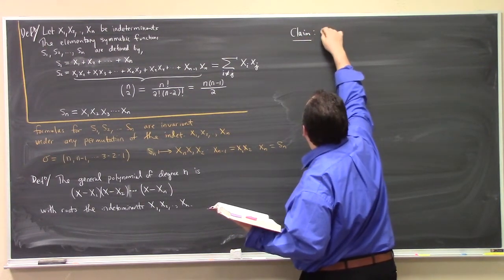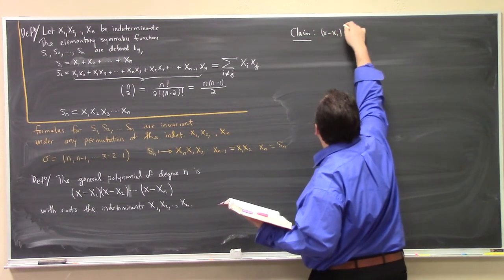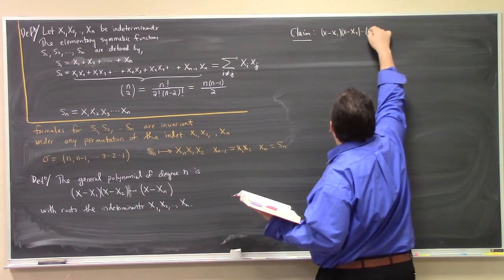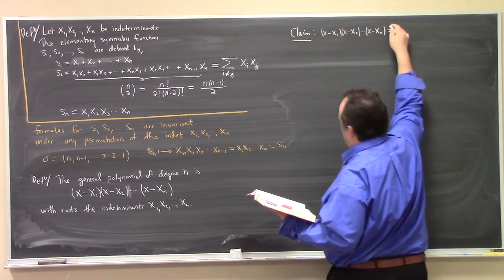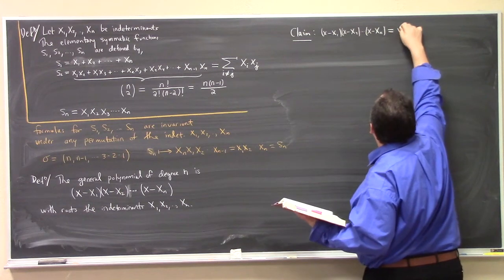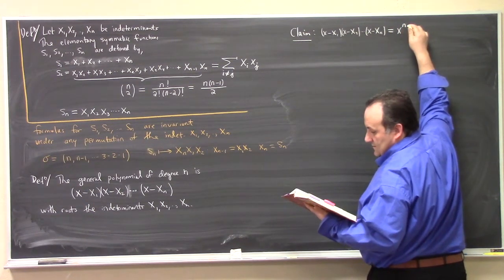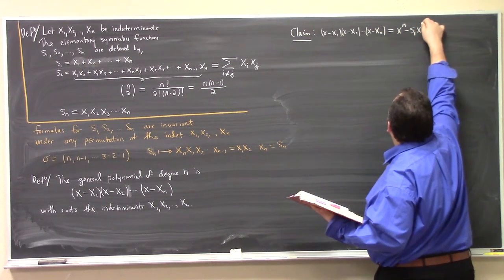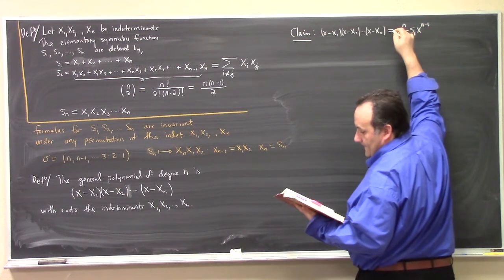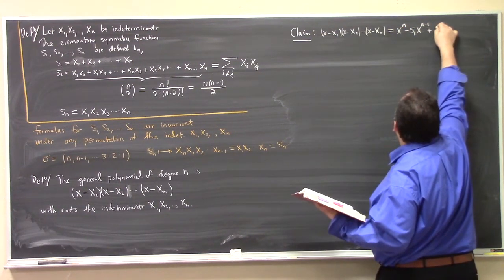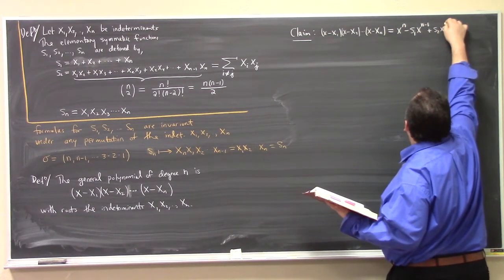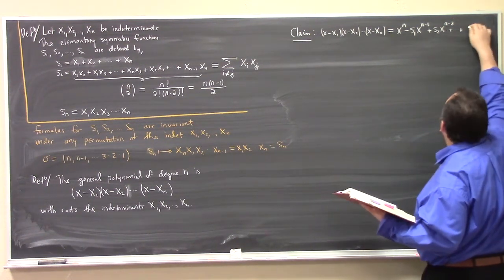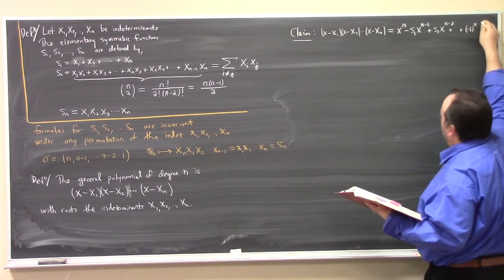Here's the claim. (x minus x1)(x minus x2)...(x minus xn) is equal to x to the n, well, that's easy enough, minus S1 x to the n minus 1, plus S2 x to the n minus 2, and so on, plus (minus 1) to the n times Sn.